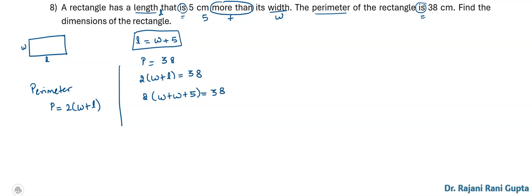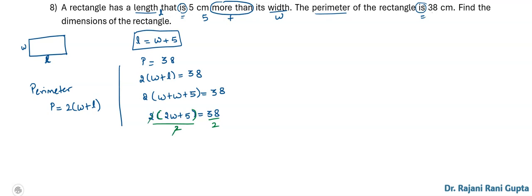See, I have used the notation L and W. You can use any alphabets. Okay. Now, what does this give you? 2 times (2W plus 5) is equal to 38. Now, to simplify, you can distribute this 2 inside, or since it's a whole bracket here, you can divide both sides by 2.